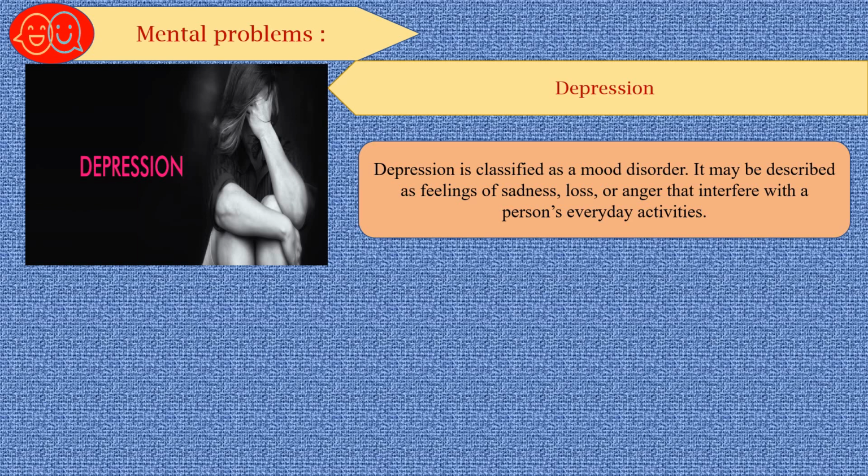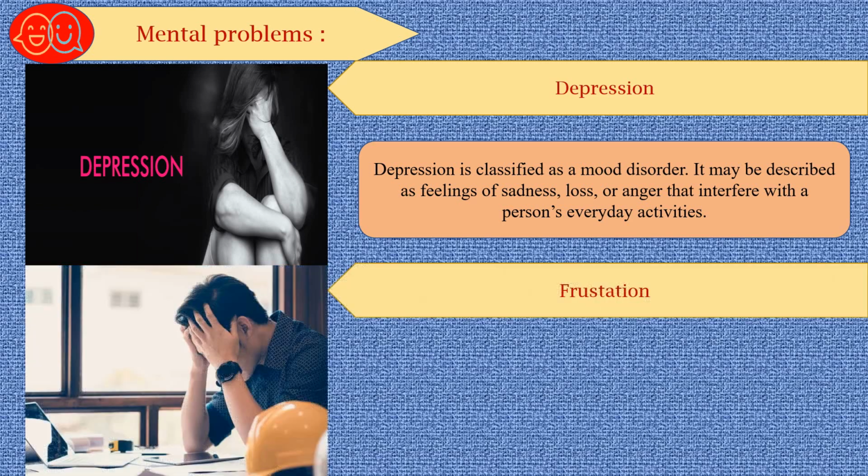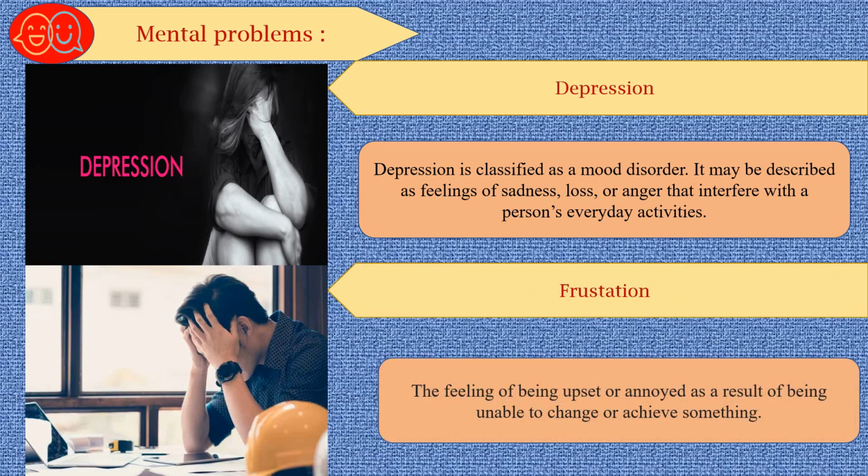It may be described as feelings of sadness, loss, or anger that interfere with a person's everyday activities. And the other problem is frustration. Now, what do you mean by frustration? It is a feeling of being upset or annoyed as a result of being unable to change or achieve something.